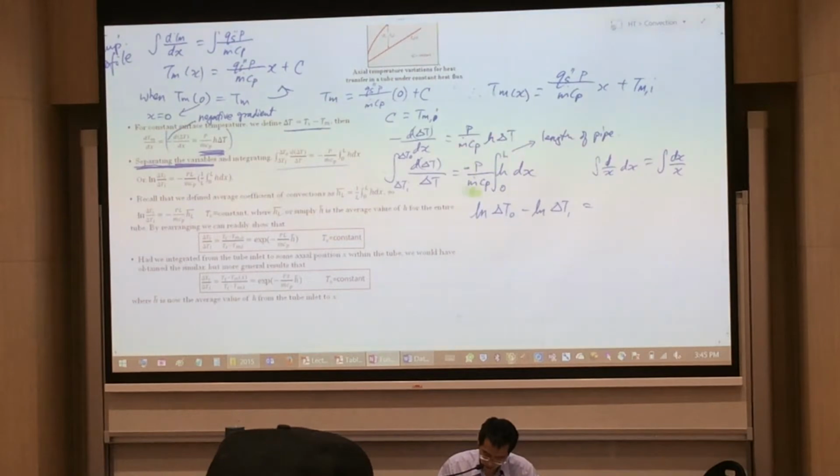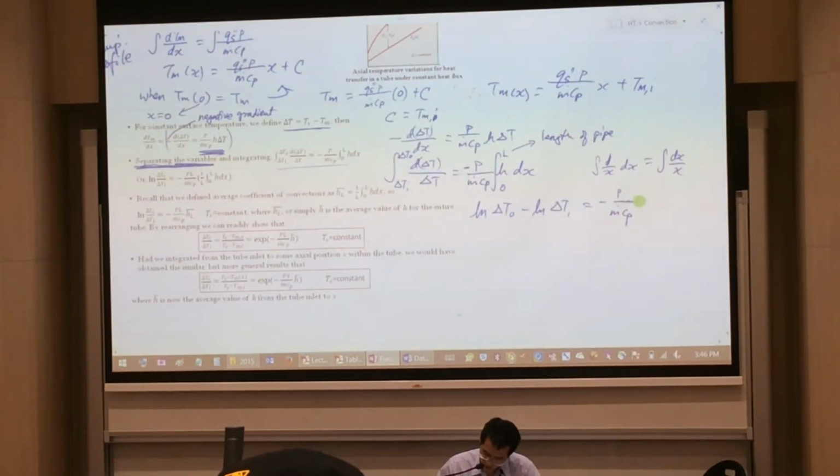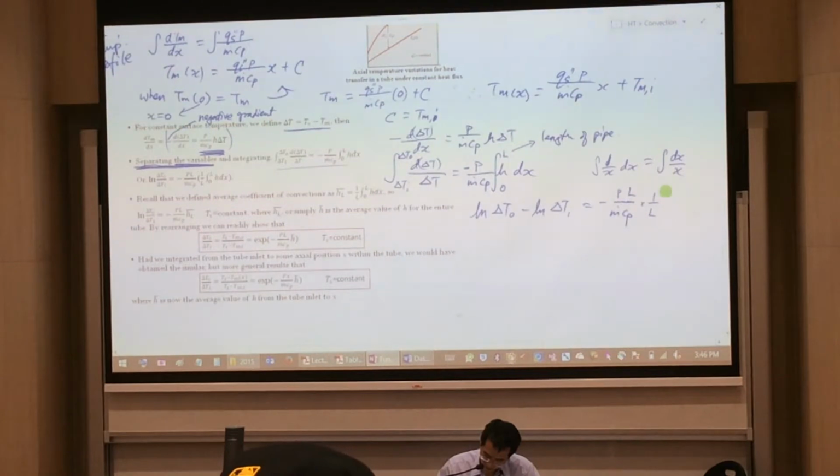And integrating on the other side, minus P over m dot Cp, and I'm going to introduce another variable, L multiplied by 1 over L, and bring it into my integral expression.